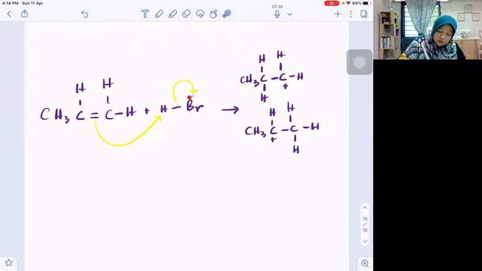Don't forget to have bromide as the side product of the first step, so here add Br minus, and this one Br minus.